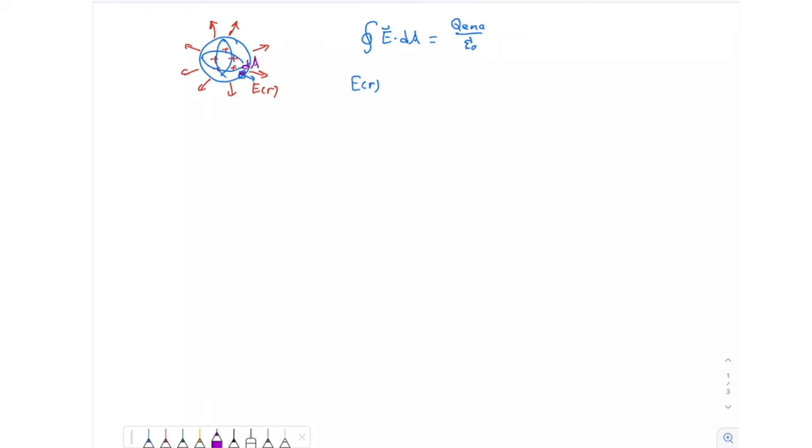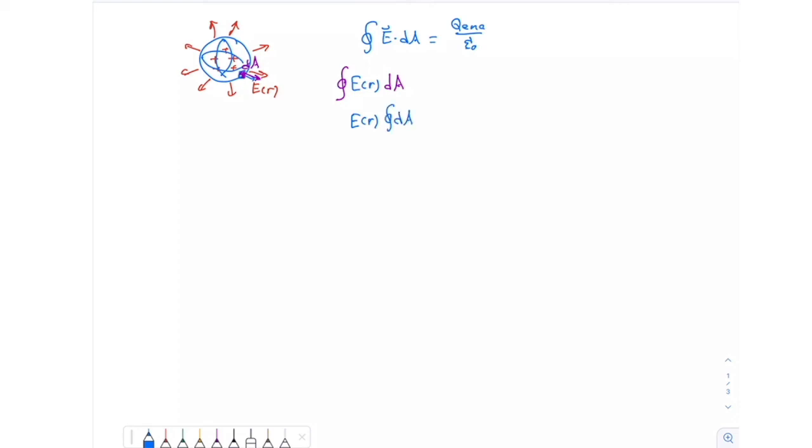If I have some little chunk of area dA, the outward normal is in the direction of the electric field. So the dot product is just going to be E times dA. The cosine of phi, that phi is 0. They're in the same direction. And I'm going to integrate this around the entire surface. But the electric field is constant, so I can bring it outside the integral.